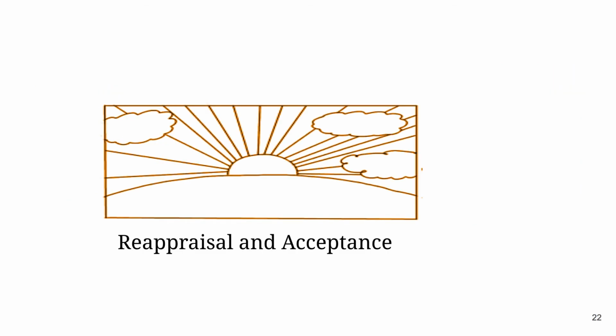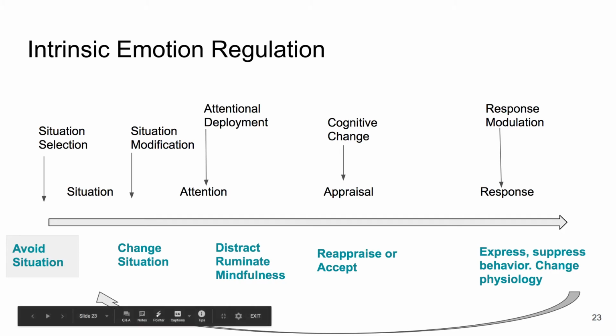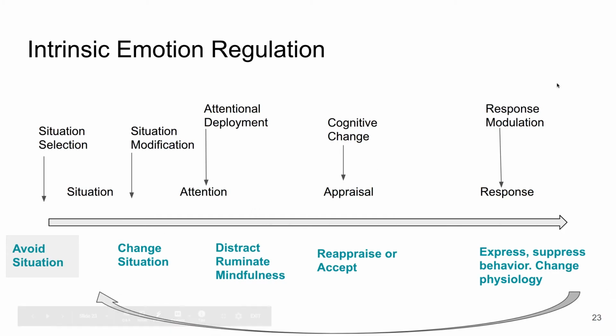Okay, so reappraisal and acceptance are often considered the gold standard, because when you go to this example again, where something is happening over and over again, oftentimes distraction is not going to be enough.